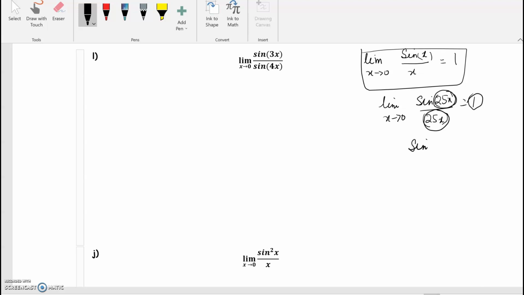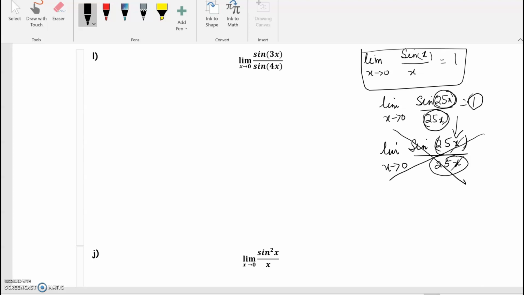Some things that you cannot do, I just want to make sure you understand this and remind you what you're not allowed to do. Can you cancel anything that sits inside the sine function with anything outside?